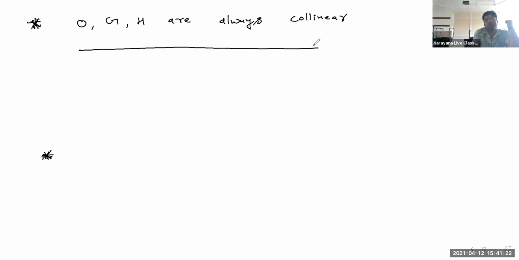The first point is that O, G, H are always collinear. What does it mean? O is the circumcenter, G is the centroid, and H is the orthocenter. So point O, point G, and point H of any triangle ABC are always collinear.